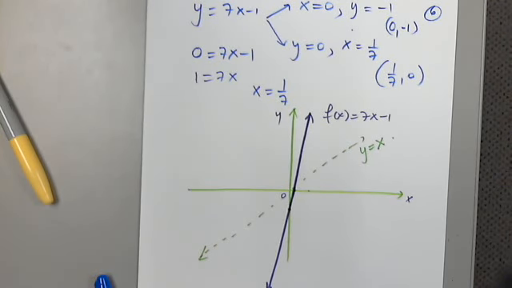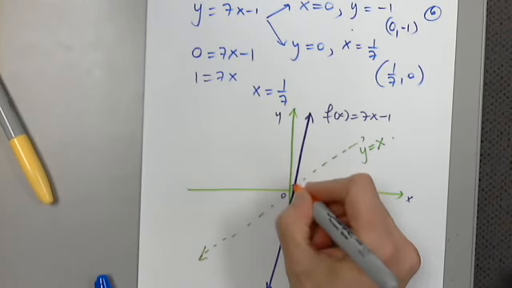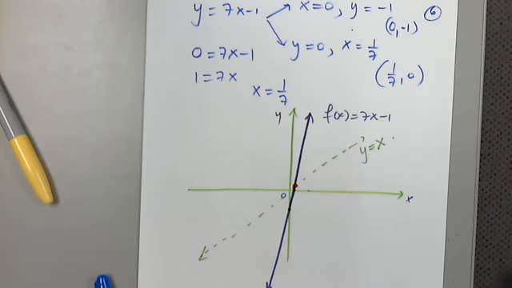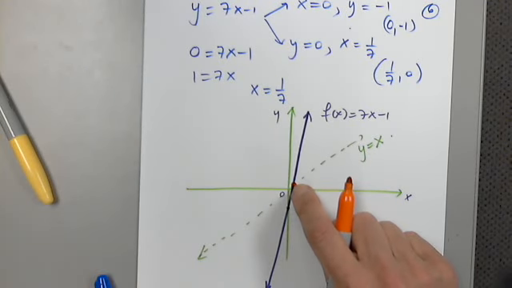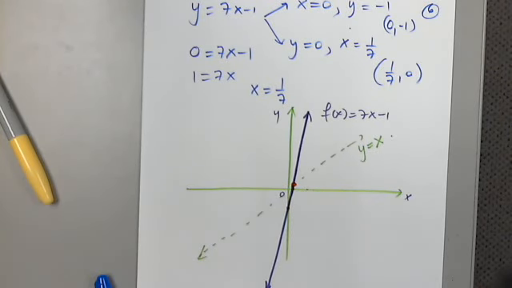Why is this so important? Because if you remember, this point where the function crosses y equals x, the inverse must cross as well. Because this point is like 1, 1, 2, 2, 3, 3, 4, 4. So if I reverse the order, it's still the same point.